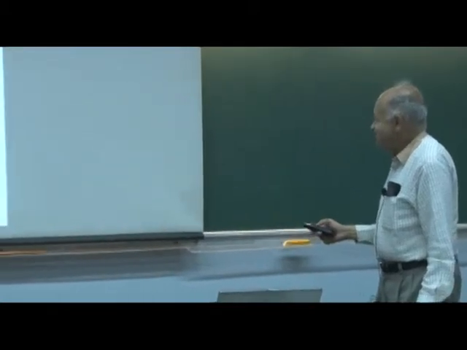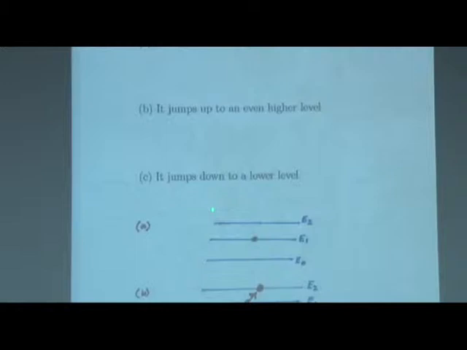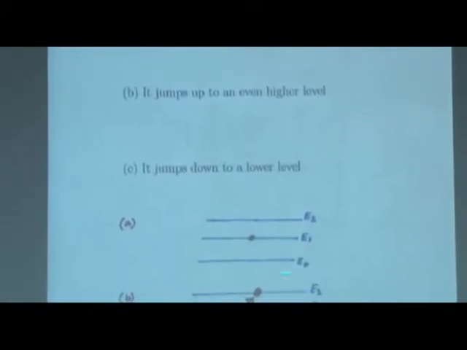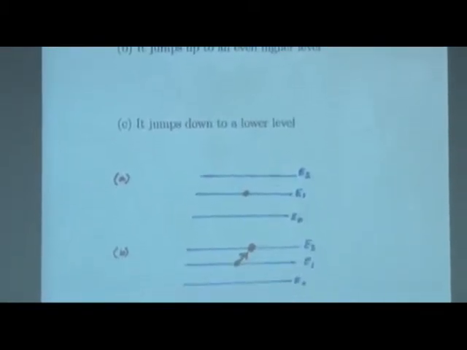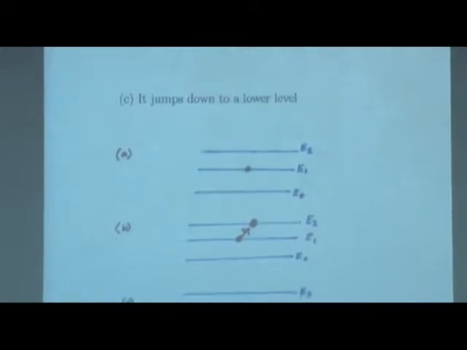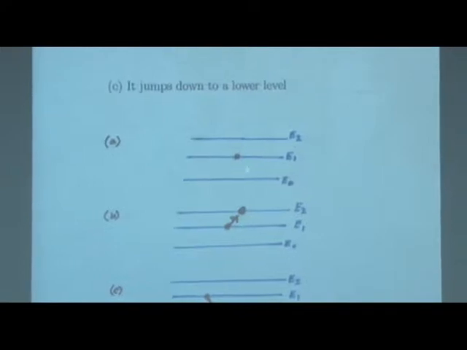So, here I have the following: imagine 3 levels E0, E1, E2 of an electron in an atom. These are energy levels, so this is higher than this, which is higher than that, and you have the electron here in the middle level.